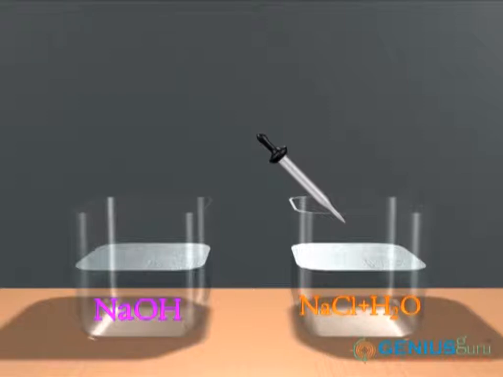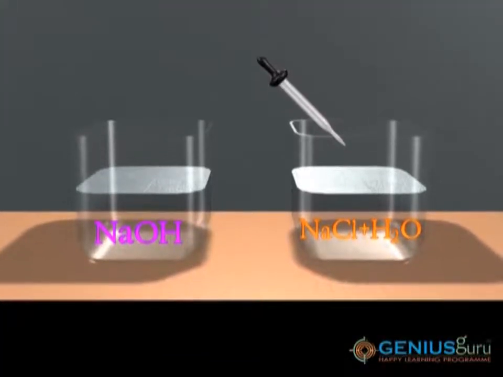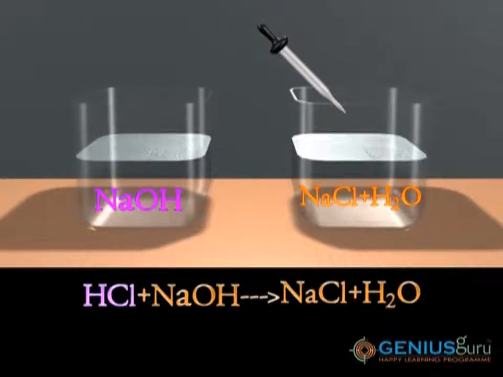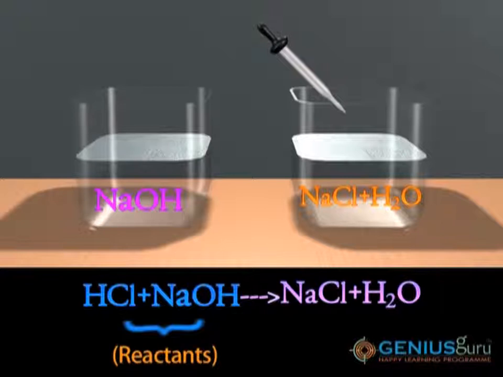In equation form, this change can be represented as HCl plus NaOH gives rise to NaCl plus H2O. Before the addition, HCl and NaOH are known as the reactants. The newly formed chemical substances are known as products.